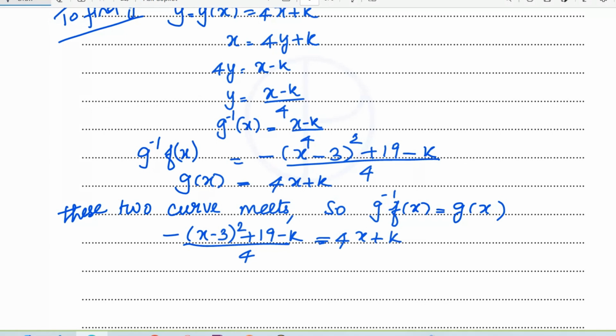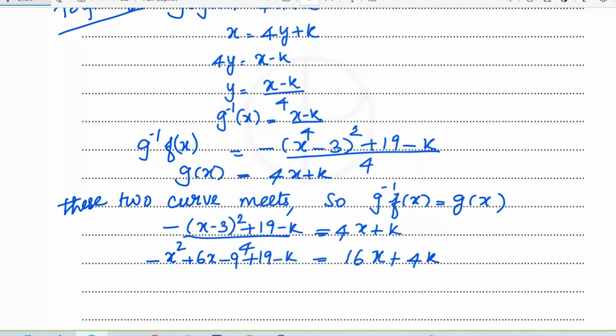So first let's expand the bracket: minus x square minus 6x plus 6x minus 9, that is minus 9 plus 19 minus k. The 4 can be taken to the other side, so you get 16x plus 4k.